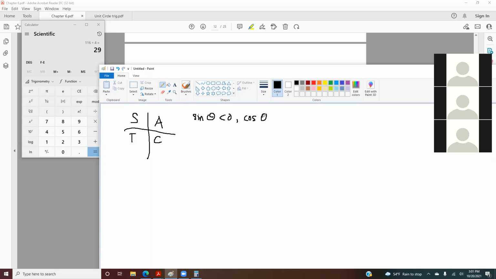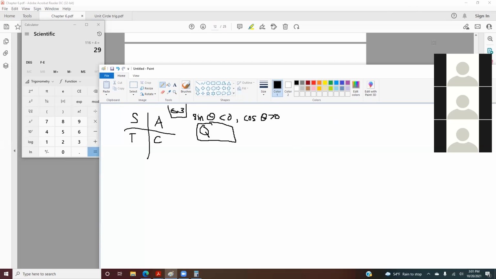So another type of question I like to ask in 6.3 is to figure out what quadrant an angle belongs to. As you know, all students take calculus. So all means all, sine, tangent, cotangent. So if I give you sine theta is less than 0 and cosine theta is greater than 0, what quadrant does this belong to?